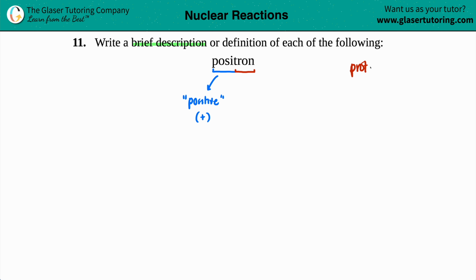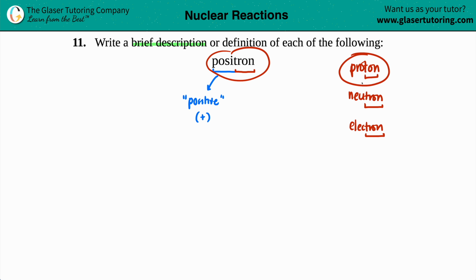Let's look at them: we have the proton, the neutron, and the electron. So right off the bat, this can't have anything to do with protons, because the ending, ton versus tron, is not going to cut it. So we're down to: does this have anything to do with neutrons or electrons?